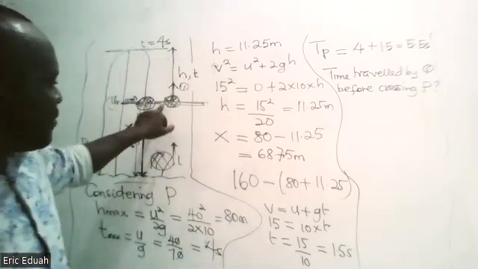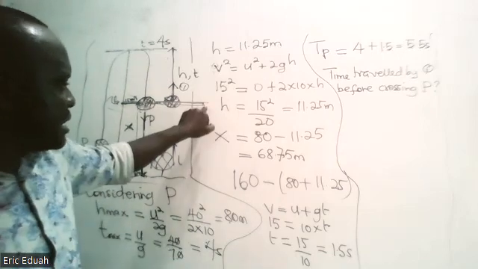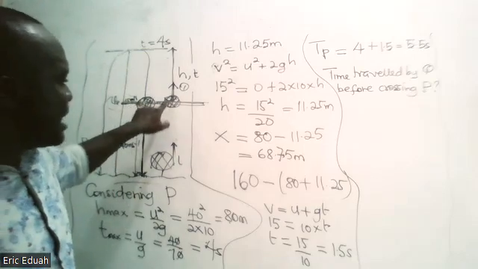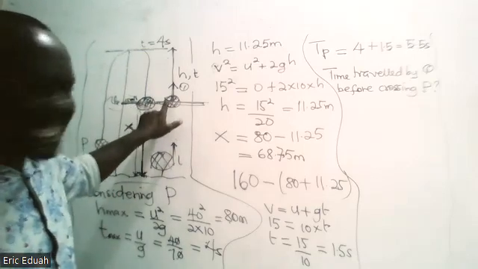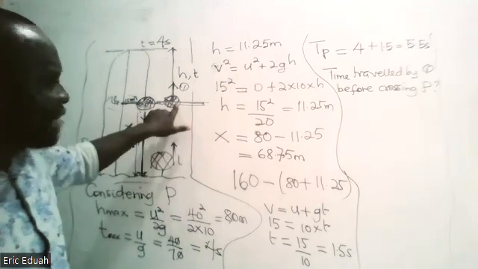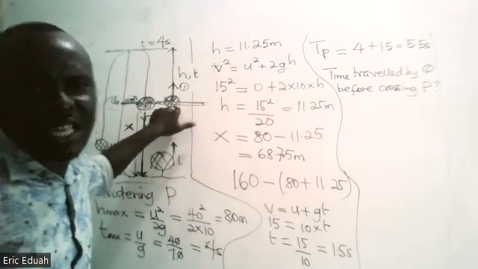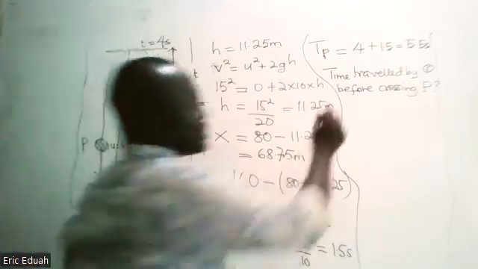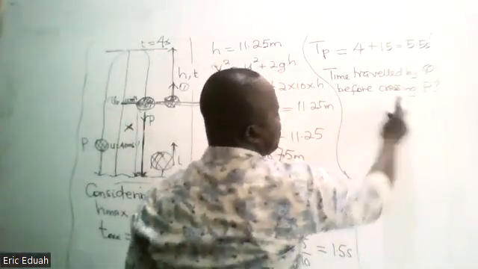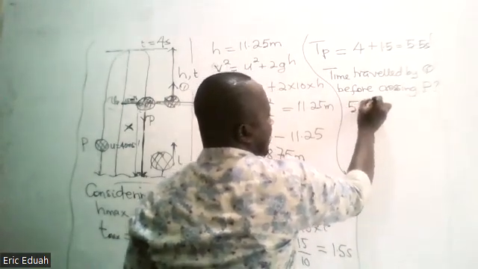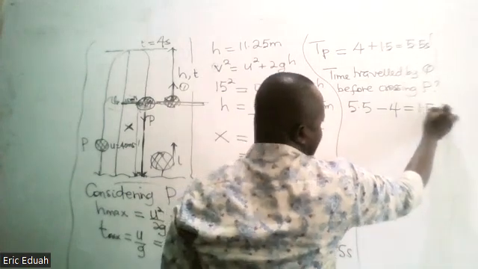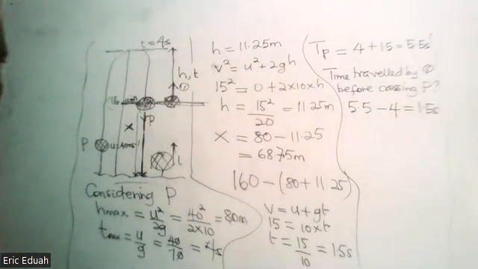So if they are meeting at this point, and P takes 5.5 seconds to be here, then if I want the time taken by Q to get here, I have to subtract 4 seconds from the time taken by P. All right. So the time traveled by Q before crossing P becomes 5.5 minus 4 seconds, which is equal to 1.5 seconds.